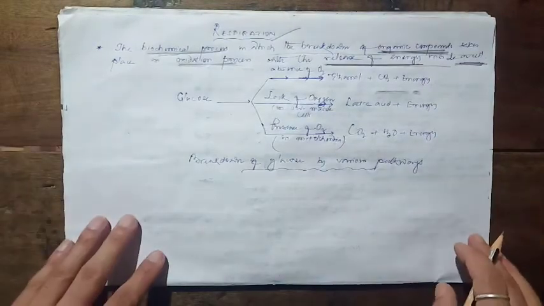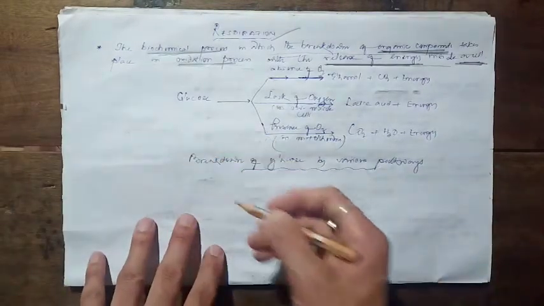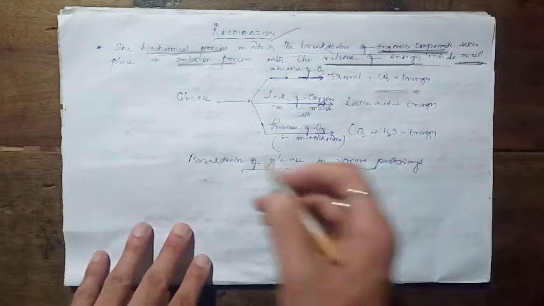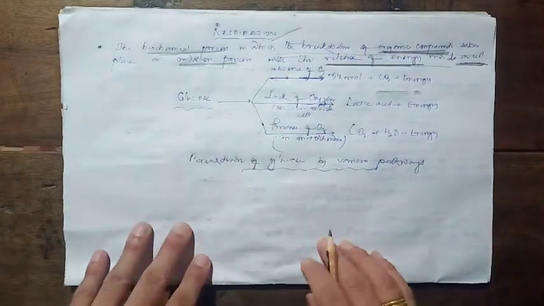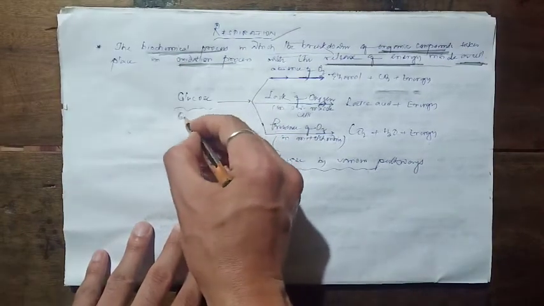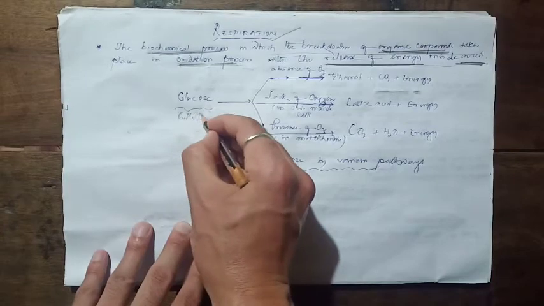That's what respiration is. Now students, what happens to the energy-giving food inside the cell? Let's see. Glucose is a 6 carbon molecule, C6H12O6.